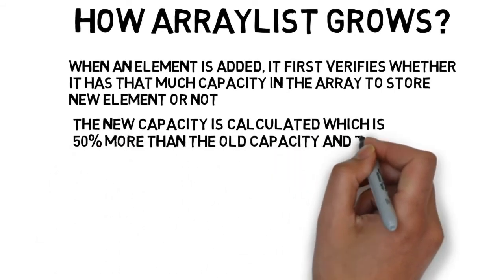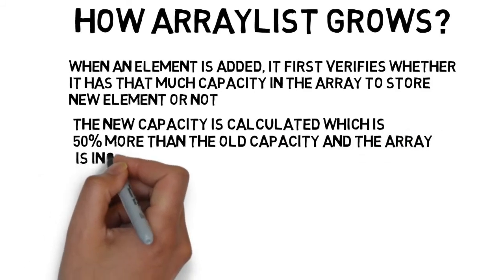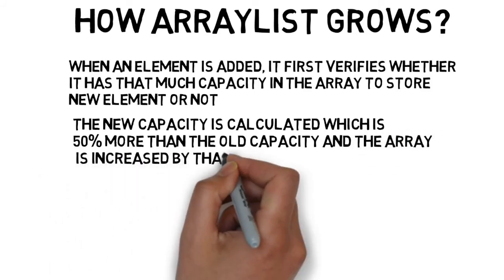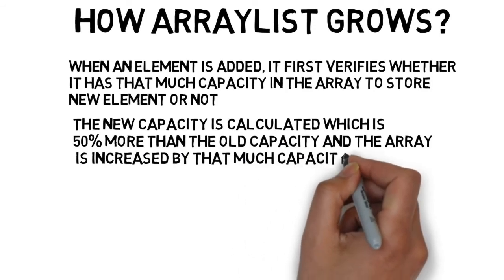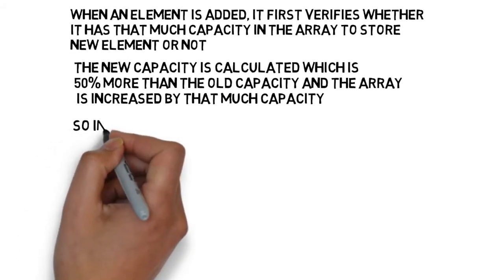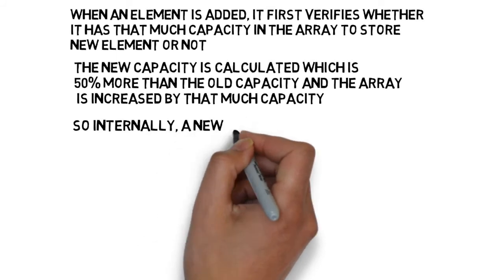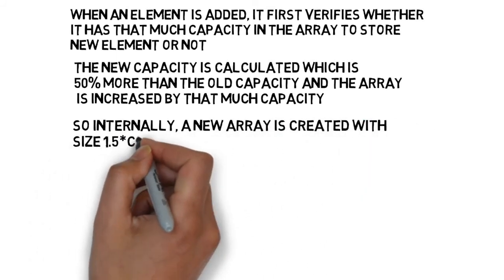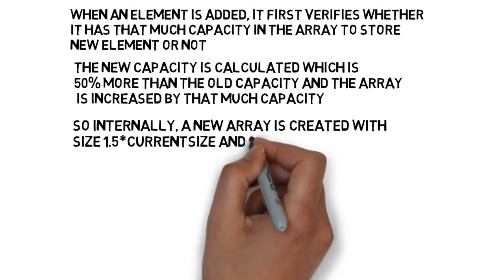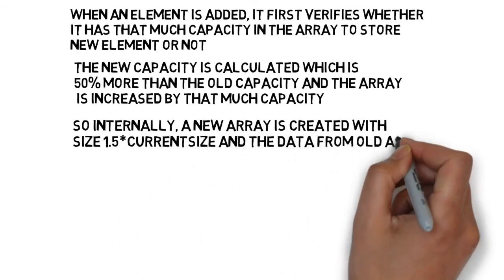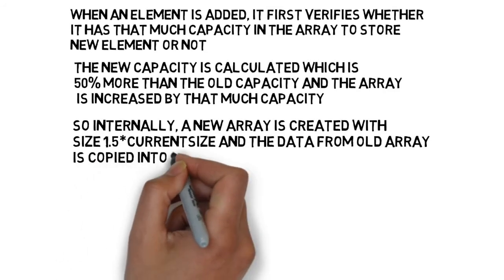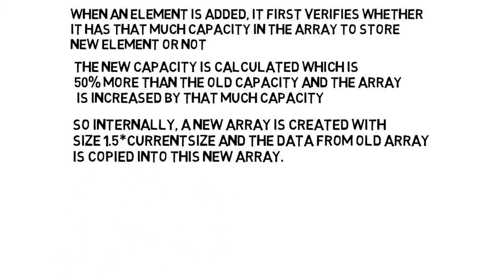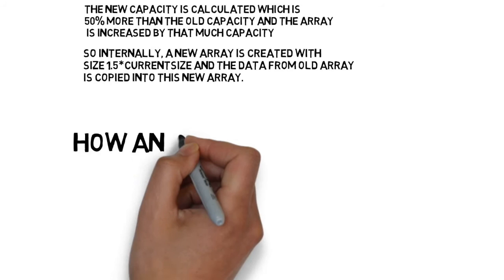In case there is not, then the new capacity is calculated, which is 50% more than the old capacity, and the array is increased by that much. So internally, a new array is created with size 1.5 times the current size, and the data from the old array is copied to this new array.